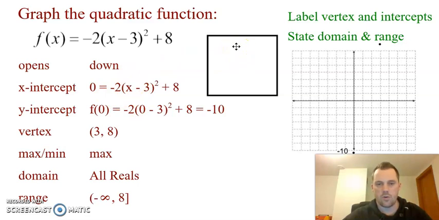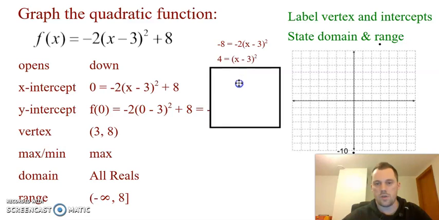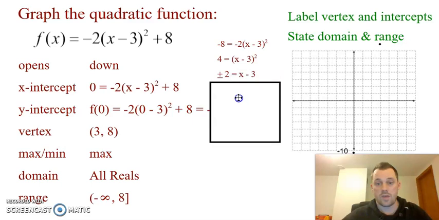So if I do my opposite order of operations for solving, I end up subtracting 8, and then I have to divide by negative 2. Square root on both sides, and I have to remember that that's going to give me plus or minus 2 when I take the square root of 4. Add 3, so now I'm doing positive 2 plus 3 and negative 2 plus 3.